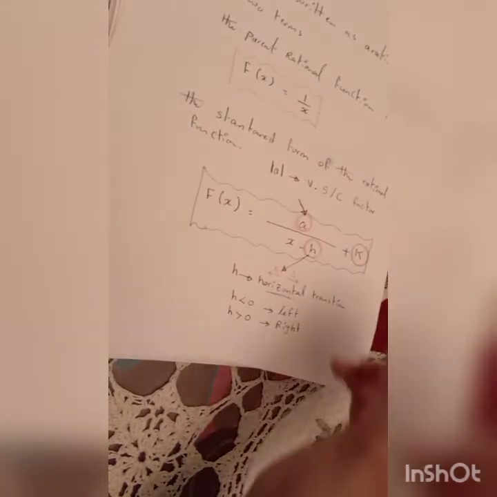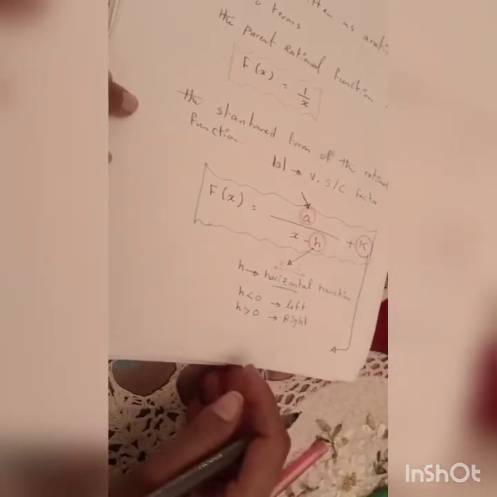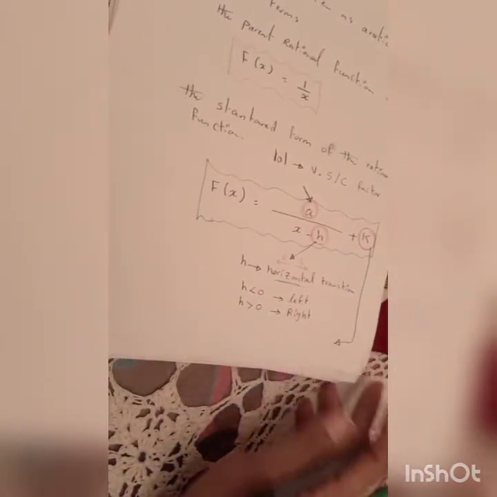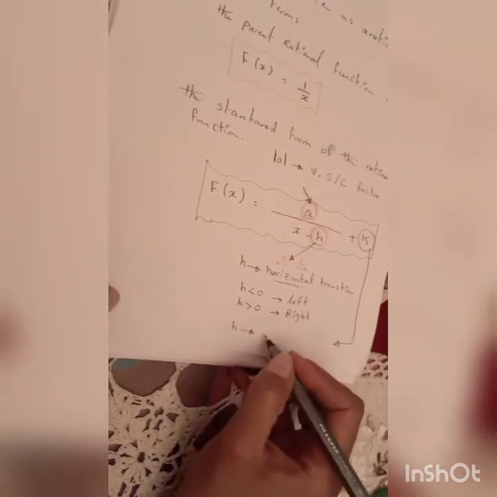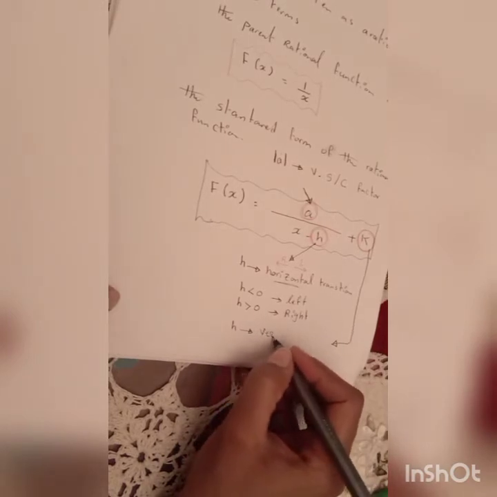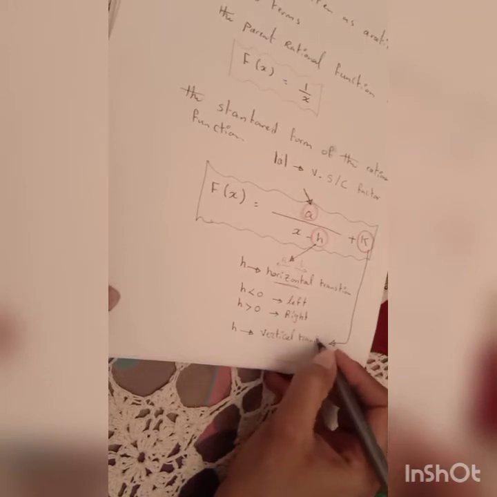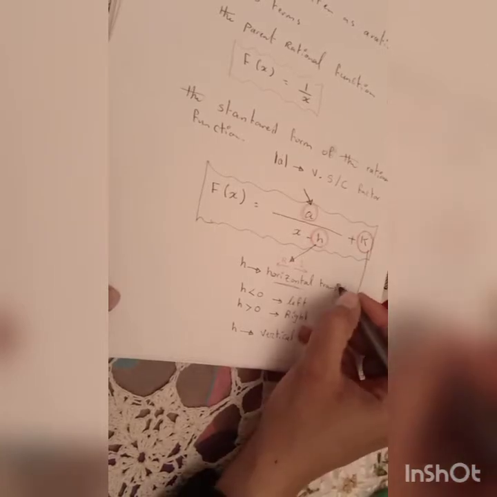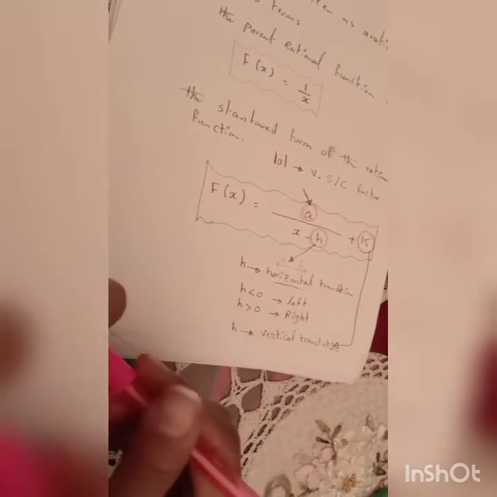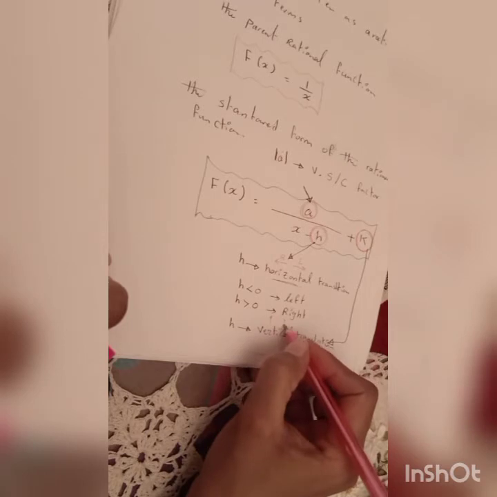Let's talk about k. k represents a vertical translation, where vertical translation means the graph moves up or down.